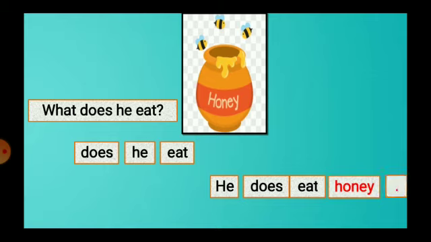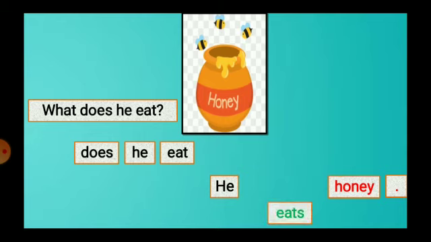But there is a twist in the tail here. Can you see that does and eat are joined together? What does it mean? It means that whenever does and eat are together, we have a shortcut. And that shortcut is, we remove does and eat and instead we write eats.